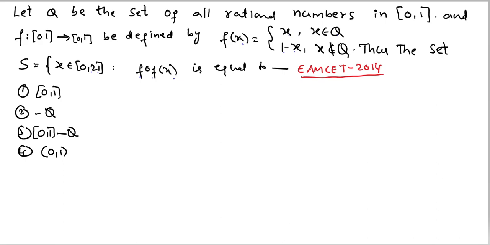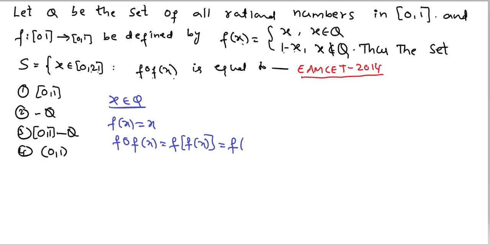For x belongs to Q, that means x is a rational number, f of x is given, that is equal to x. Now we find f circle f of x, that is f of f of x, f of x is x, again f of x is x. Suppose x does not belong to Q. Here f of x is given as 1 minus x.